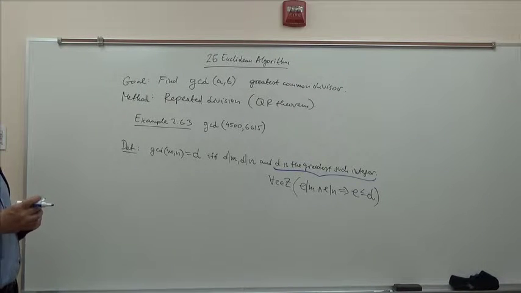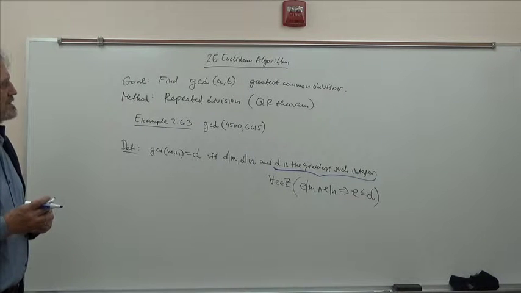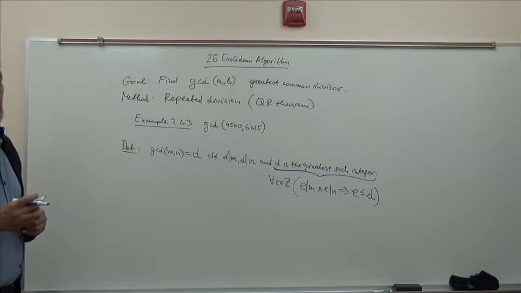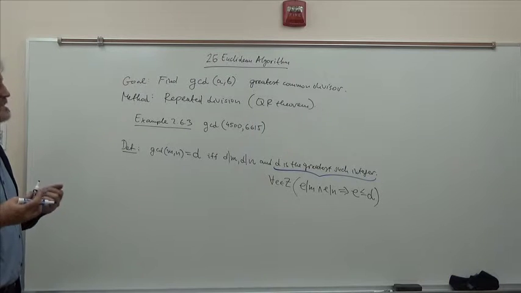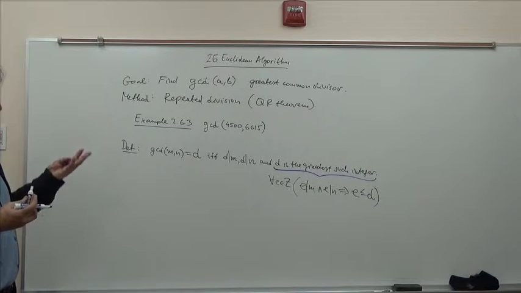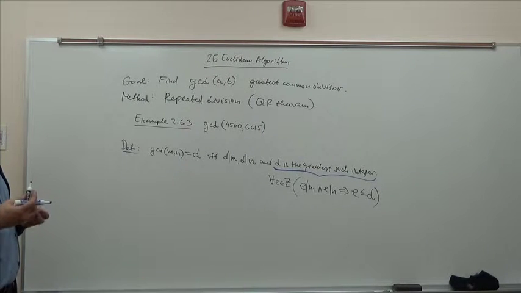So in order to get the greatest common divisor, we will apply a Euclidean algorithm, and I will explain how the algorithm works while doing it, and then we'll formalize the statement.